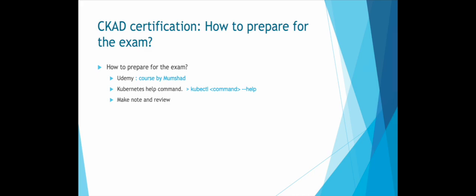It will be really useful in the exam to know how to use those help commands, because you will not have enough time in the exam to go through the documentation and find the exact command you want. Being familiar with the Kubernetes help command really helped me.